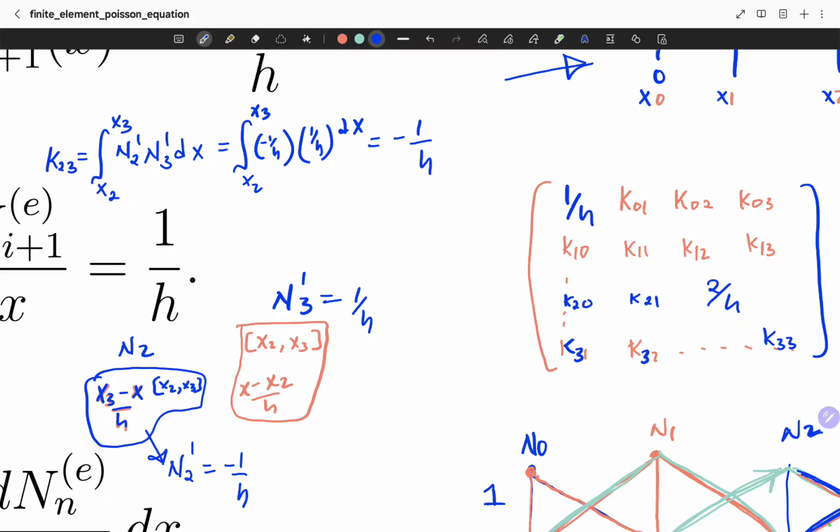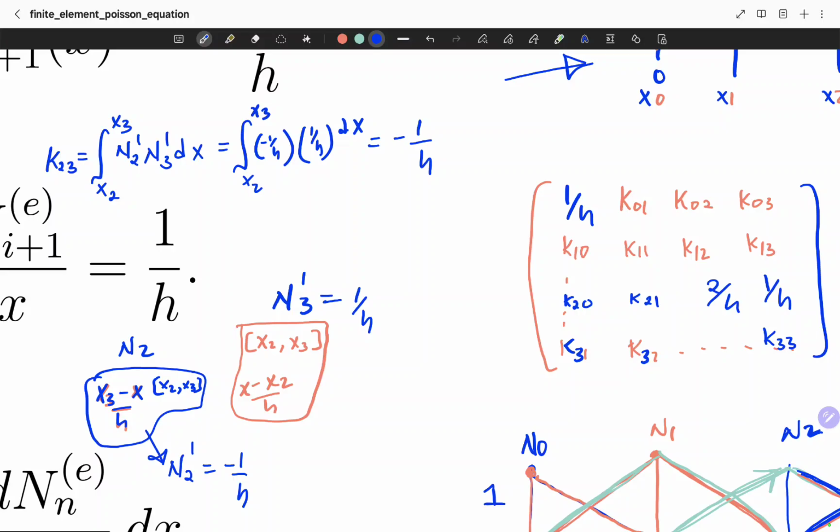So k23 is going to be 1 over h. And that's how you generate the matrix.